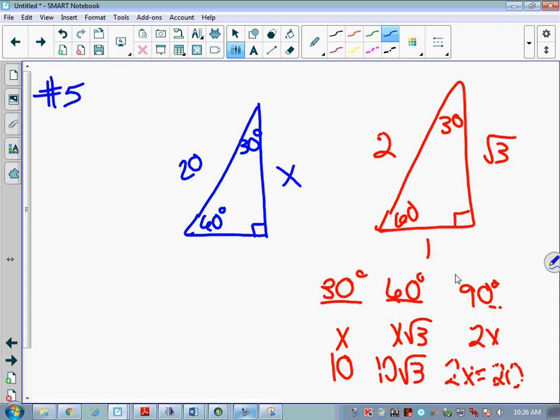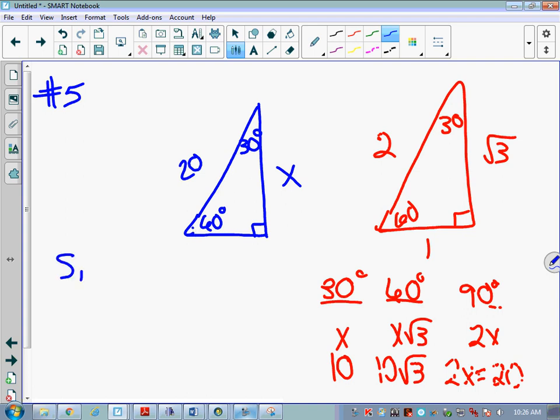So we're looking for x, which means I can pick either angle. Let's say that we wanted to go from 60 and use 60 for my angle. What is x in relation to my 60-degree angle here? Opposite, and what is 20? Hypotenuse. What trig function uses opposite and hypotenuse? Sine.